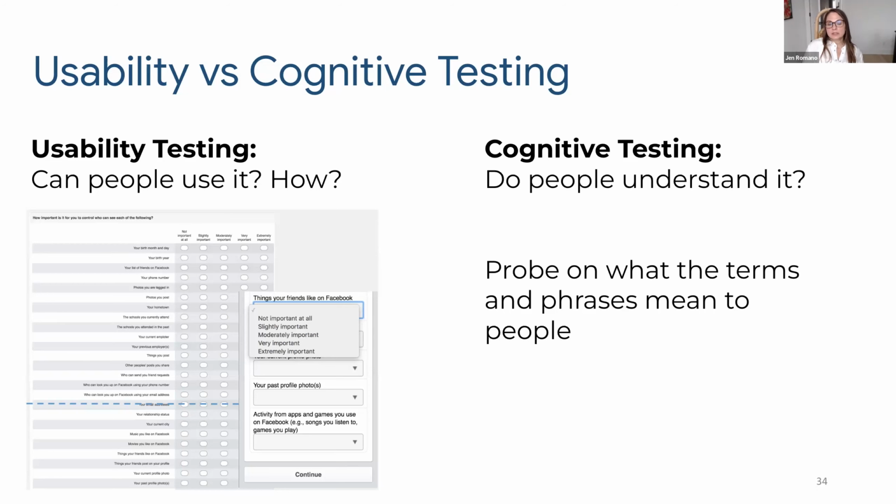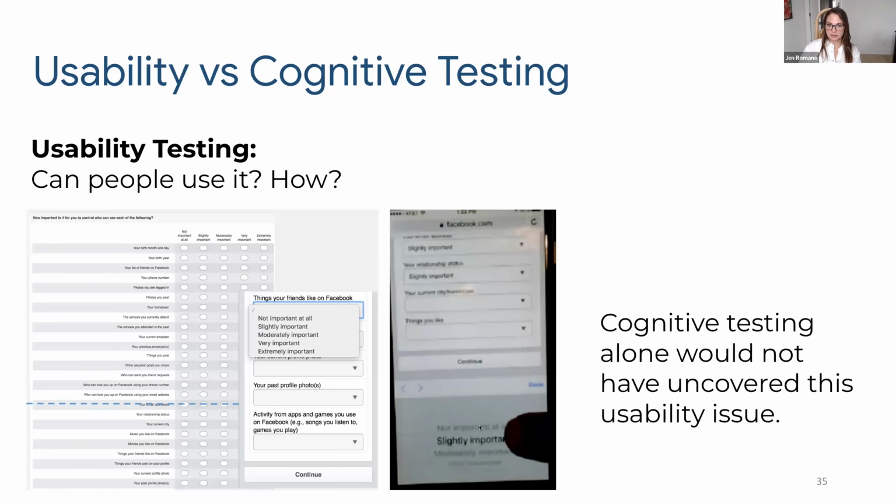And what we learned in usability testing was that on some phones, this is not actually what it looks like. This is not a great screenshot, but it's a screenshot of what actually occurred. On iPhones, the response options actually appear at the bottom of the phone. This was particularly problematic for people who were not used to completing surveys on their phones.